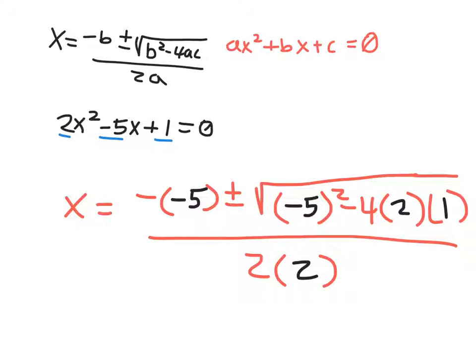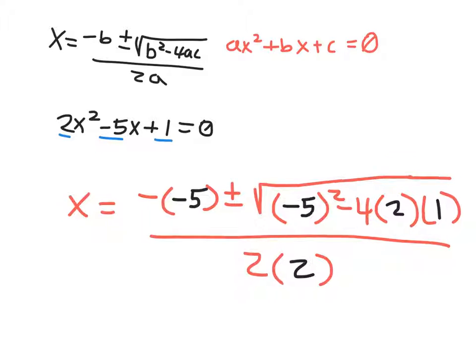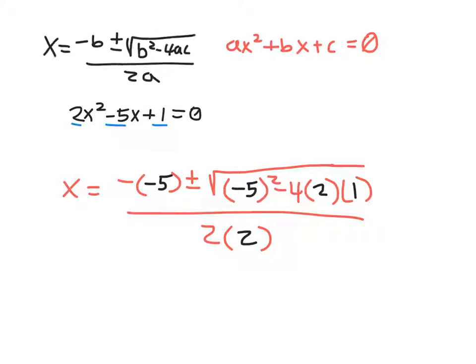Showcasing the value of using parentheses, focusing right here, notice how it was a negative, and then we had to plug in a negative 5 here. That's why I like the empty parentheses approach, because you know it's going to be a negative B over here, so it's like negative empty parentheses, and then we just put in our B. Our B is negative 5. The reason that's good is because now we can very clearly see that it is a negative 5, which will, on the next line, be a positive 5.